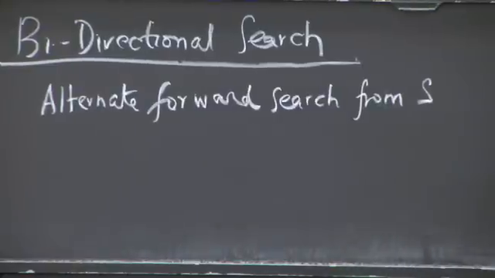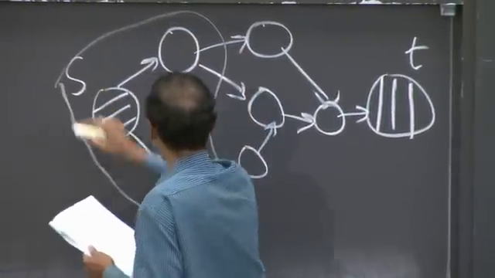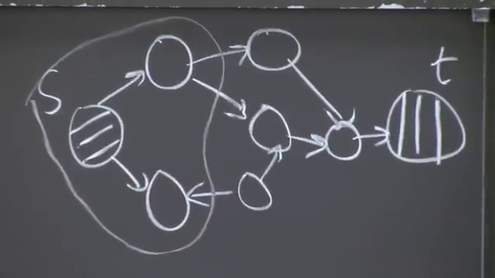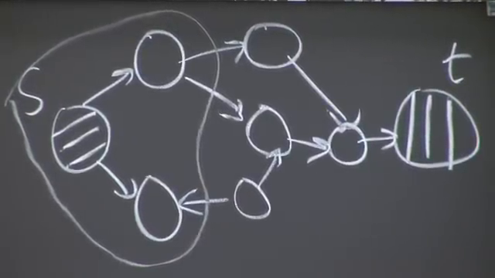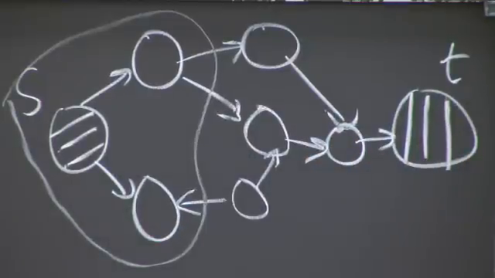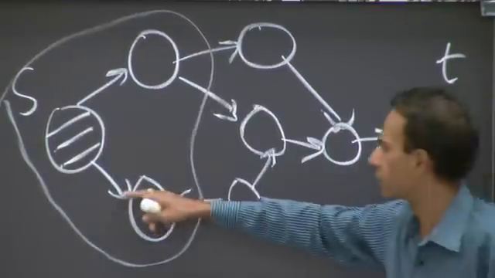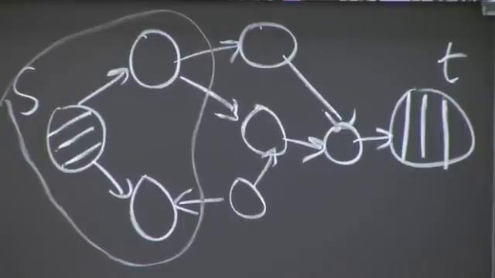In the first step of the forward search, you're going to pick the vertex S off of Q, and you're going to process the edges that come out of S, and that would correspond to these two edges. So that's one step of forward search.